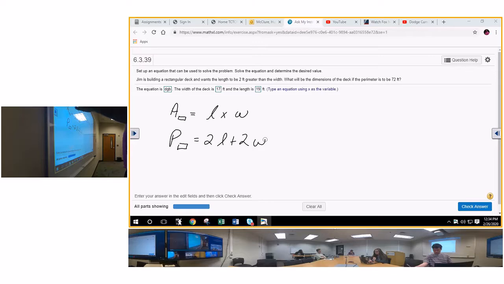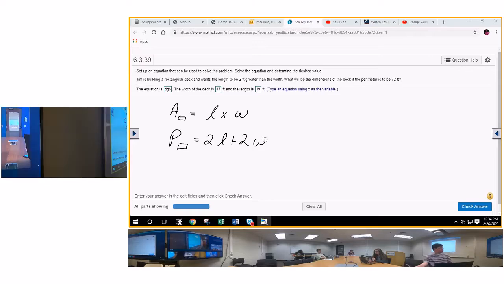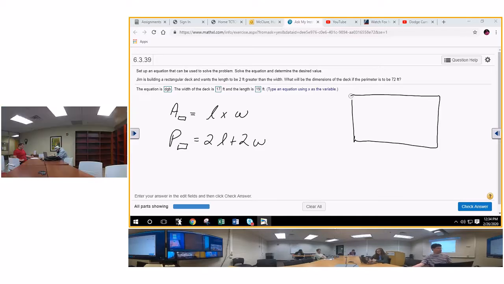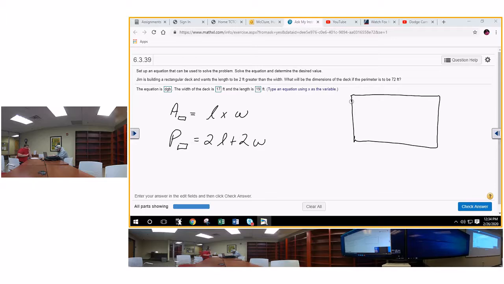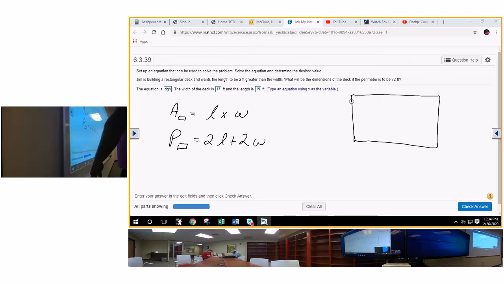I have no idea what they're asking. But it says Jim is building a rectangular deck. The reason rectangular is important is you know that all four sides are not equal. And it says length to be 2 foot greater than the what?